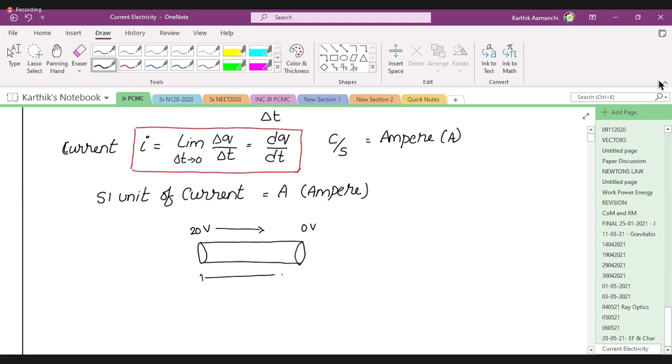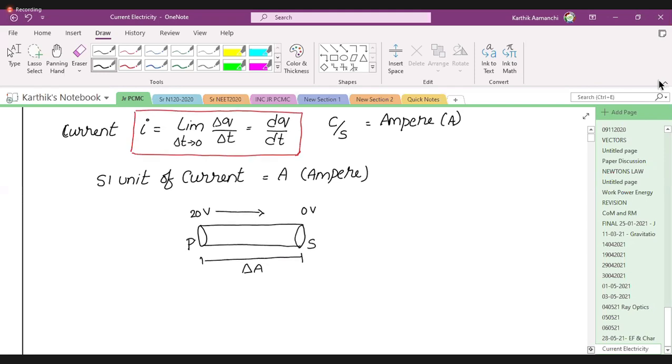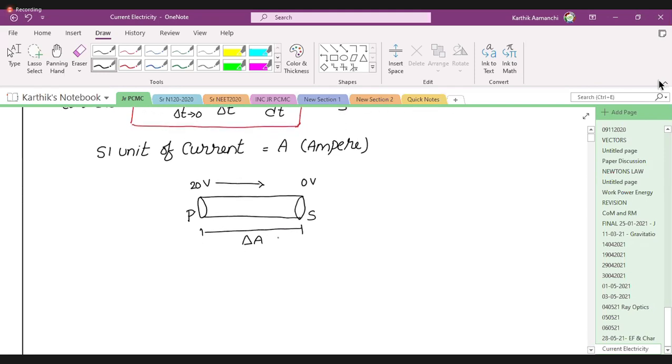If this area is, let me say, delta A, and there is a bunch of electrons going from here, which is your P, to S. In this case, you have to give some quantity to tell that there's a bunch of electrons moving from one point to another point in some area.